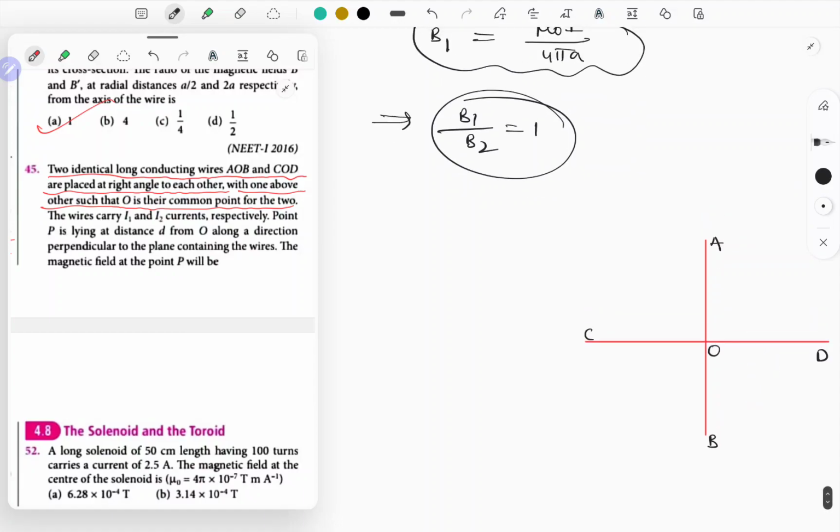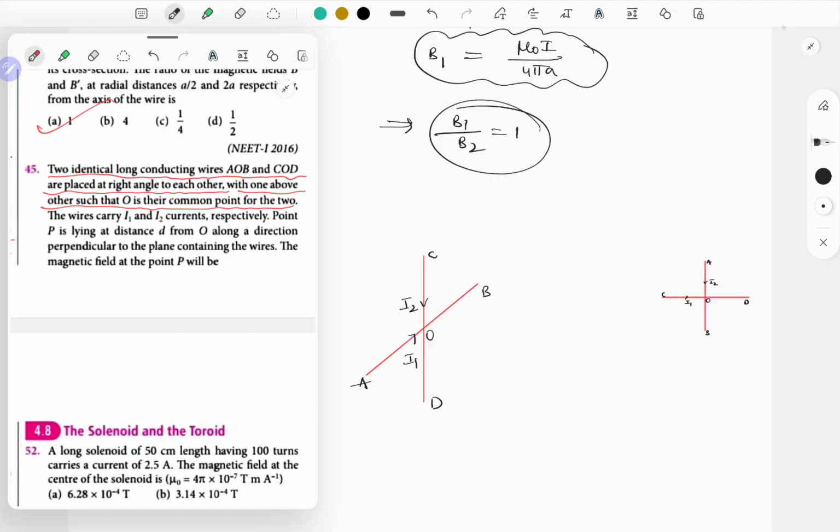The two wires carry currents I1 and I2. They didn't mention in which direction, you can assume as you wish. Point P is lying at a distance D from O along the perpendicular direction to the plane containing the wires.